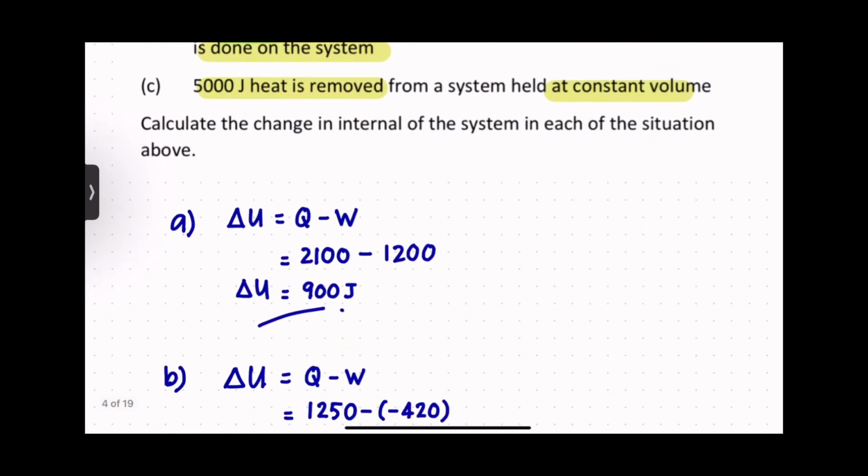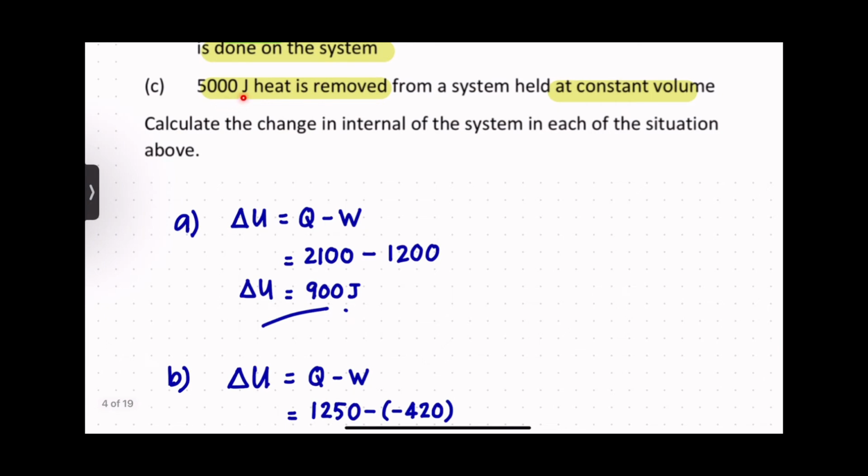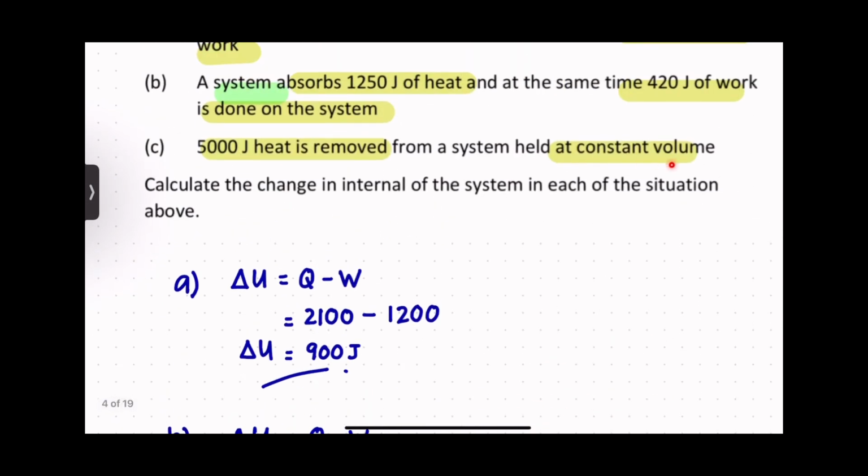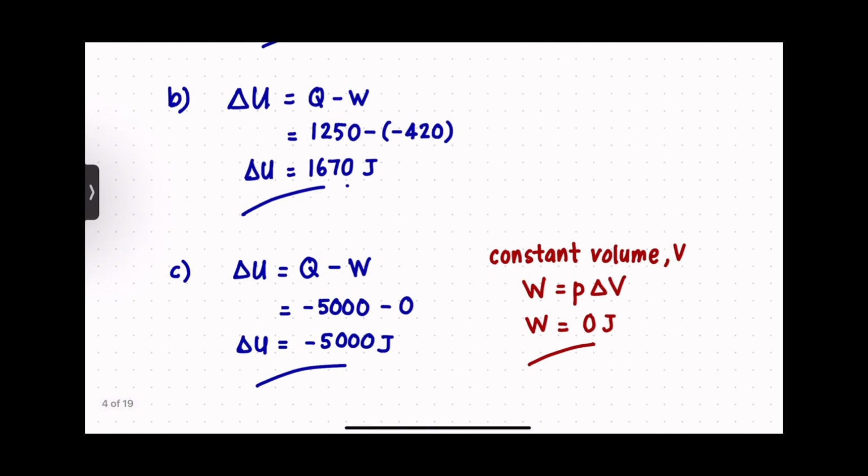Okay, next, C. We have 5,000 joules of heat removed from the system held at a constant volume. Since heat is removed, Q will be negative. Held at constant volume, what will happen to work done? We can set W equal to P delta V, which we will look at later.